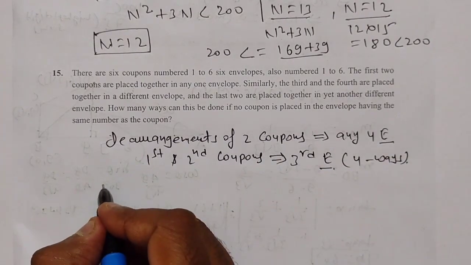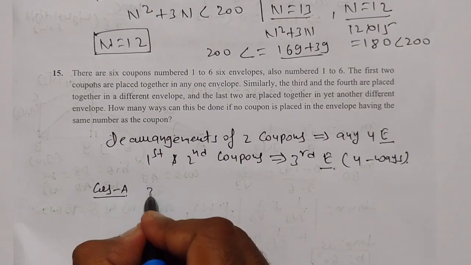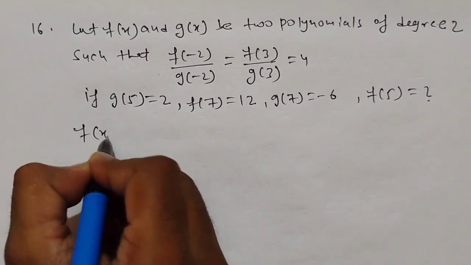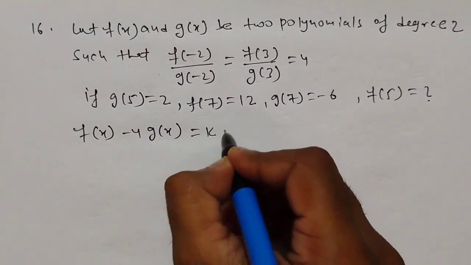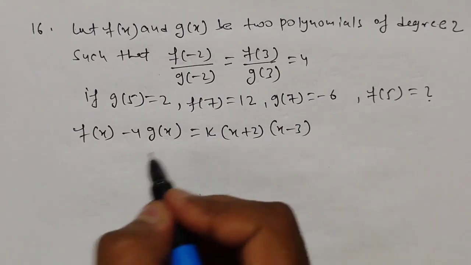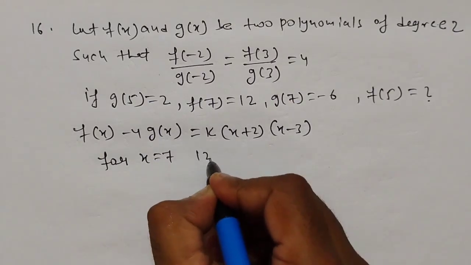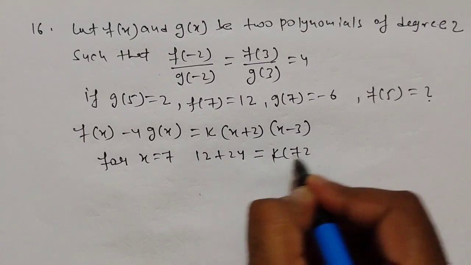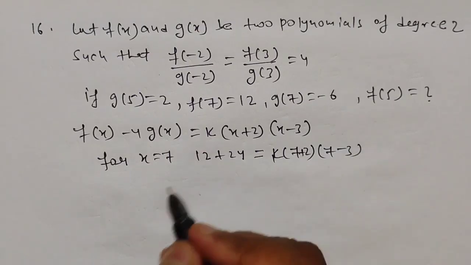Now we have f of x minus 4 times g of x is equal to k into x plus 2 into x minus 3, and this is for x is equal to 7, 12 plus 24, and this is equal to k into 7 plus 2 into 7 minus 3.